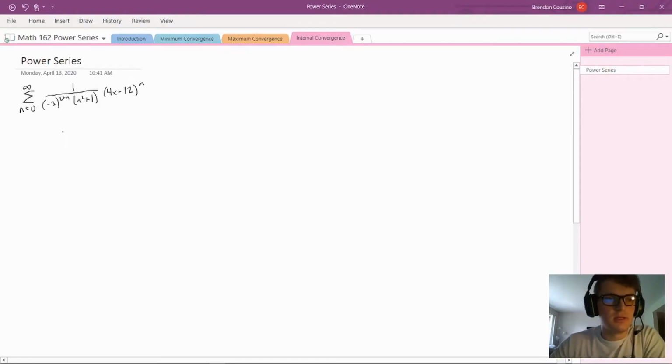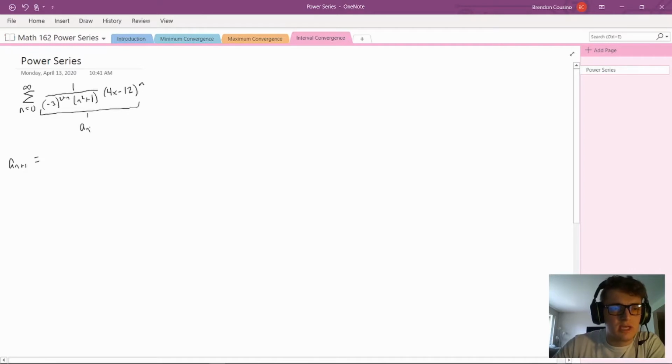Alright, so let's jump right into this example. So trying to find the interval and the radius of convergence, just like the last two examples that we did, we're going to run the ratio test on it. So for the ratio test, first thing I'm going to do is identify my a of n term. So there's my a of n, and then I'm going to go ahead and write out my a of n plus 1 term.